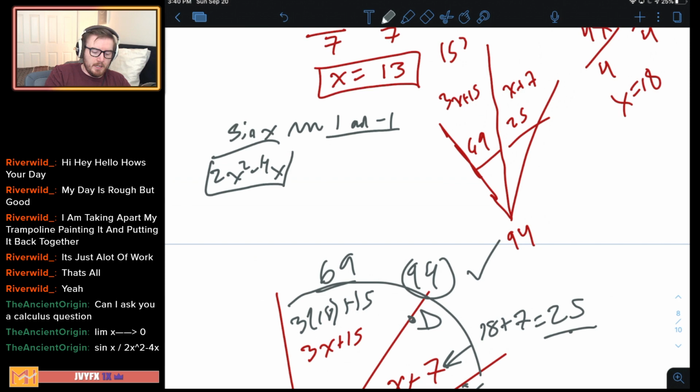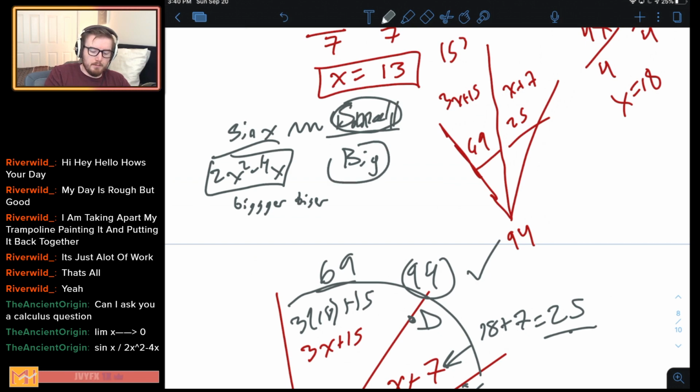But this denominator is just getting bigger and bigger and bigger, right? So it doesn't really matter what this is. The fact that this is getting big, small over big, means that it's getting really close to 0. And that's how I do that.